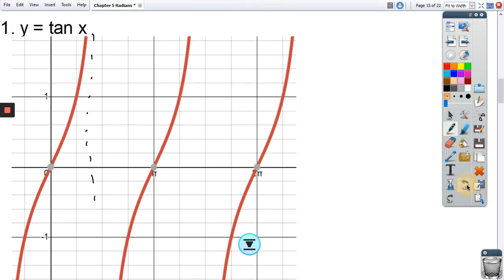Because it would make more sense to actually have it going on the straight line there. So if we've got that there, let's put it on that line, because that's where pi over 2 is going to be. So there's pi over 2. Here's 3 pi over 2. So it's going to look like that. You've got the asymptote there. You've got it going through 1 at pi over 4 and 5 pi over 4. And it looks like that.